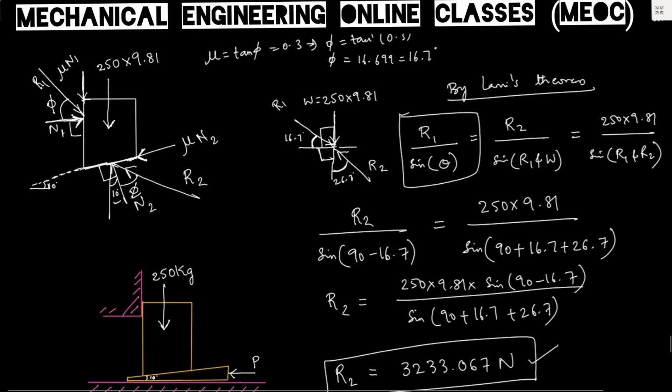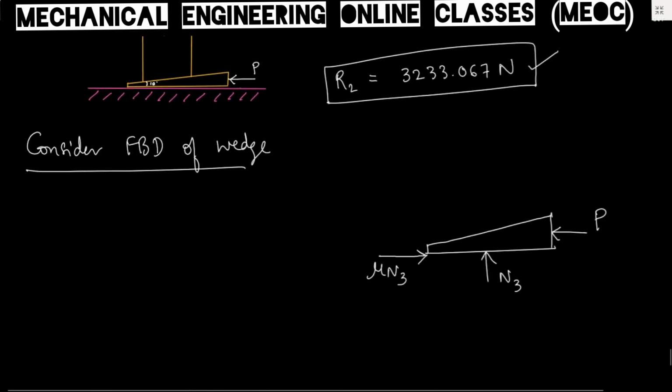If I have to show only the normal reaction N2 here, then I also have to consider the friction between the wedge and the block, because the wedge is moving leftward. Now we don't consider where the block is going; we are considering only the FBD of the wedge. The wedge is moving leftward, so the friction will be rightward. On the inclined plane also the frictional force will be right and up, because the object is moving leftward. So this will be mu N2.